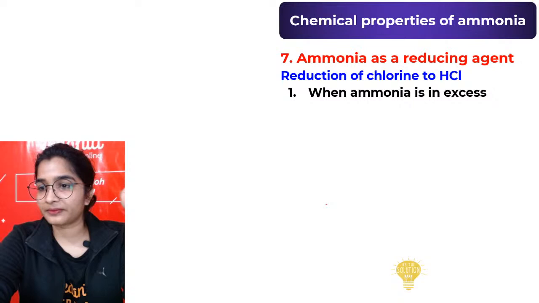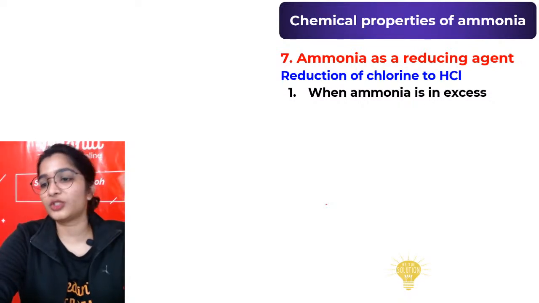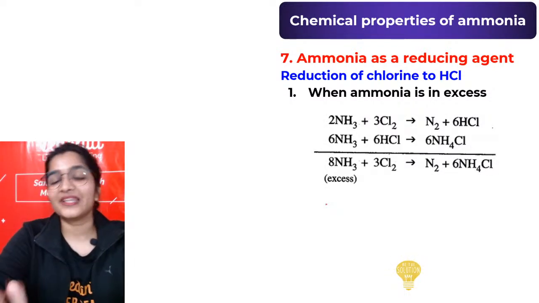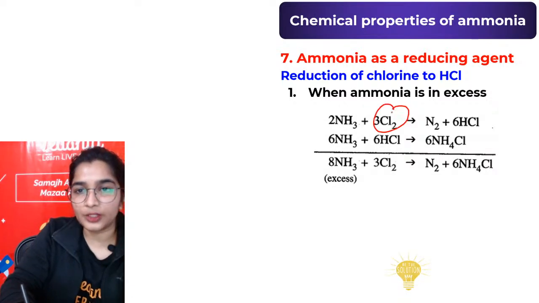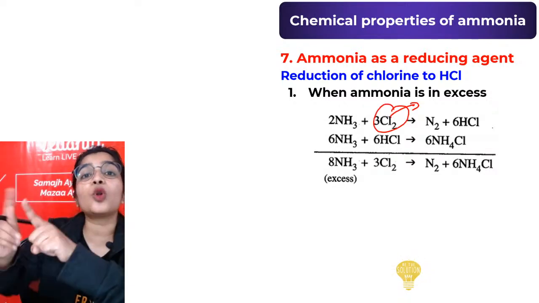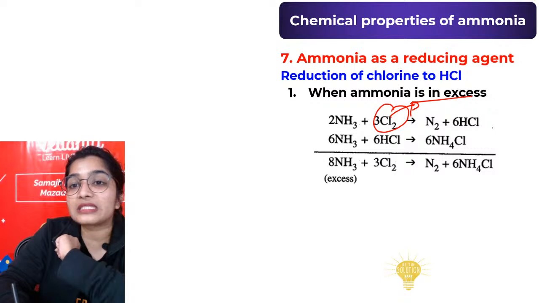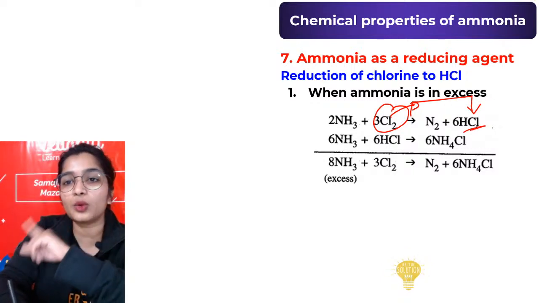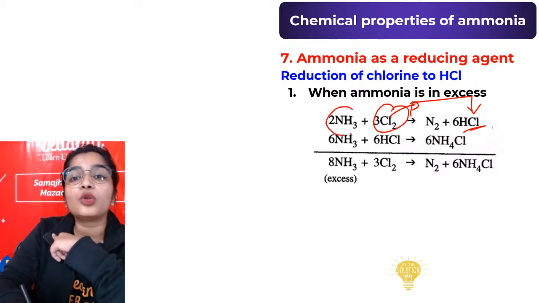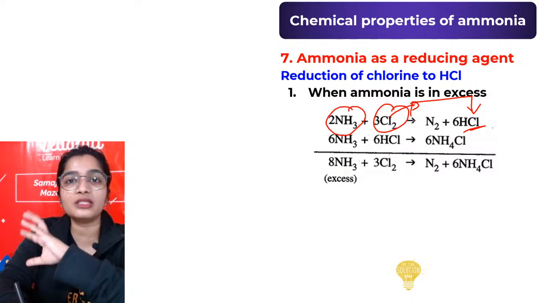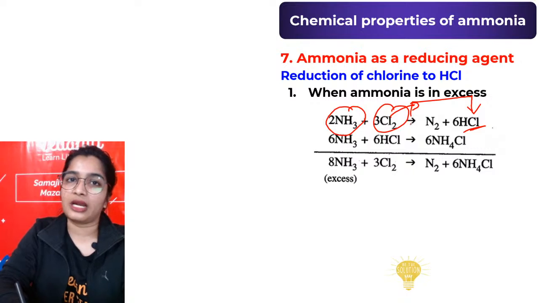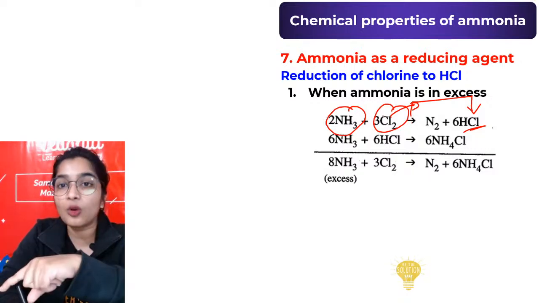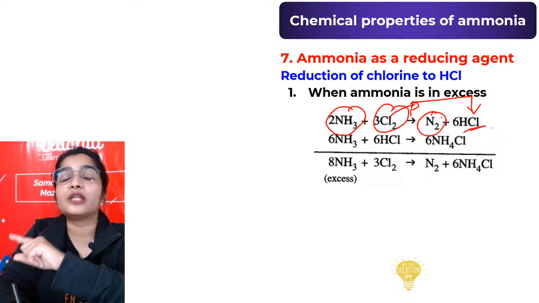Yes, CONH2 twice is right. So NH3 plus Cl2. Here chlorine is getting reduced to HCl. You can see here, right? Cl2 has no hydrogen, but on the right side you have hydrogen, and ammonia is getting oxidized because there is removal of hydrogen. So ammonia plus chlorine, you will get nitrogen plus HCl.